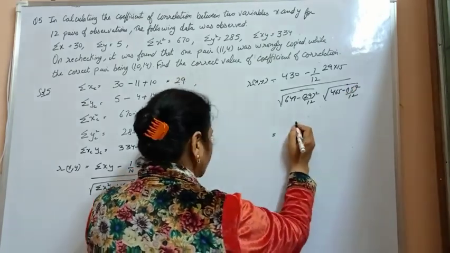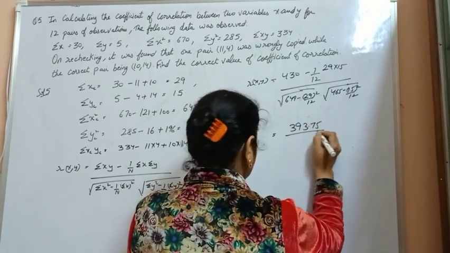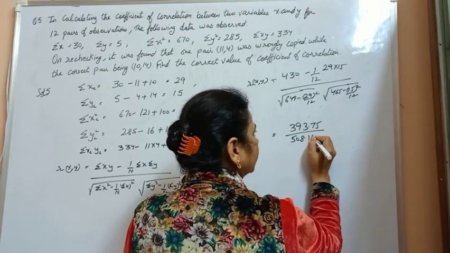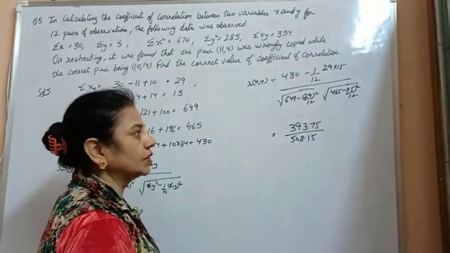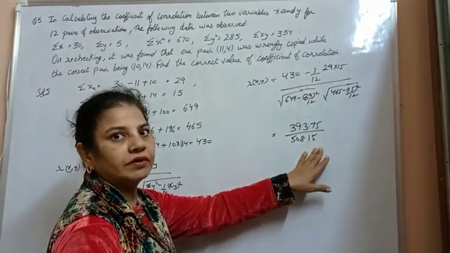On solving, you get 393.75 divided by 508.15.